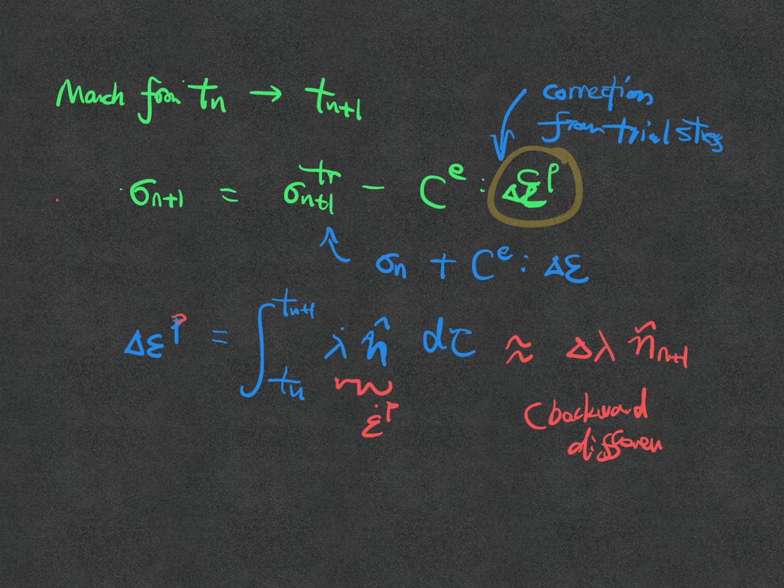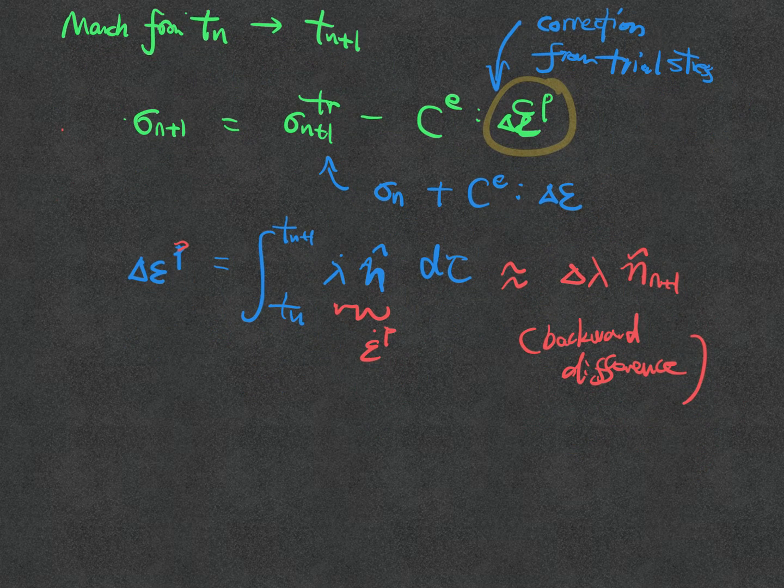You generate a first order error, but instead we have an easier expression. You can also do forward difference, but a forward difference may give you a conditionally stable return mapping algorithm, and that I won't recommend.